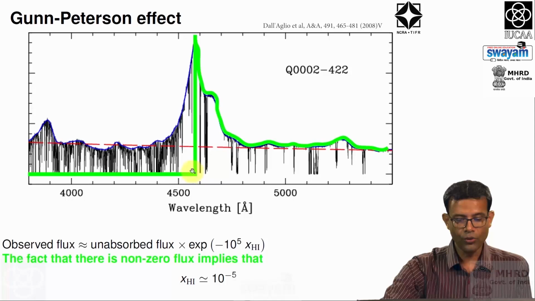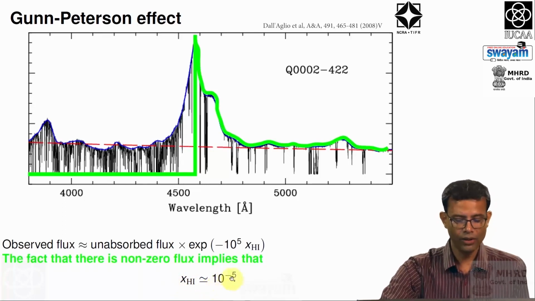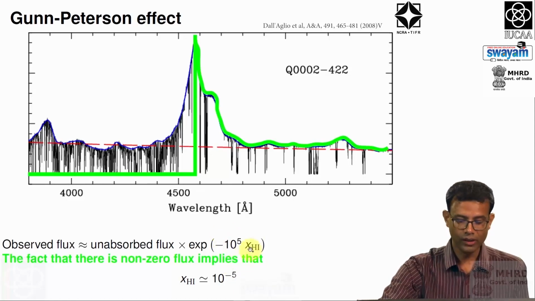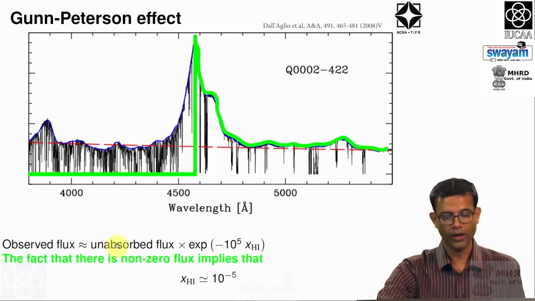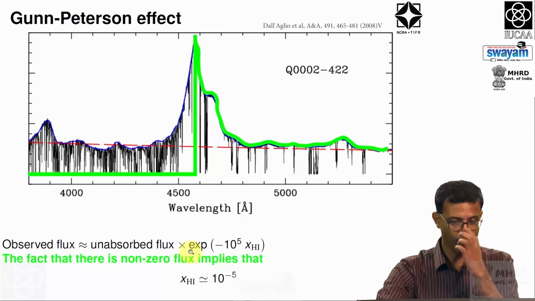The fact that you do not observe something which looks like the green curve tells you that the neutral hydrogen fraction must be 1 part in 10 to the 5 or even less, so that the factor in the exponential is not very large and you do not absorb everything. This is a very strong result.